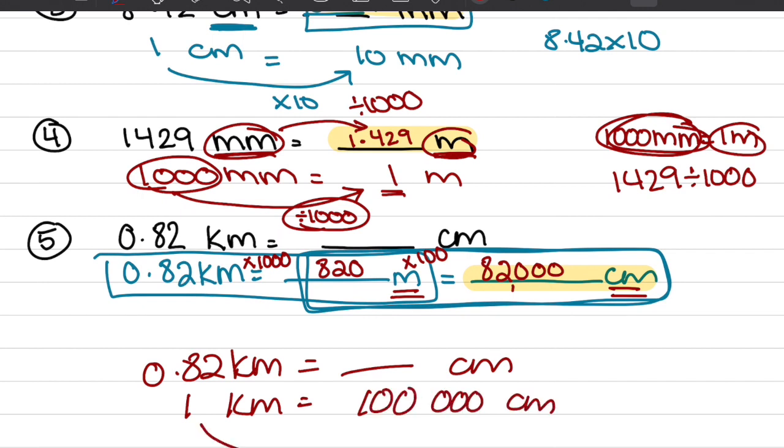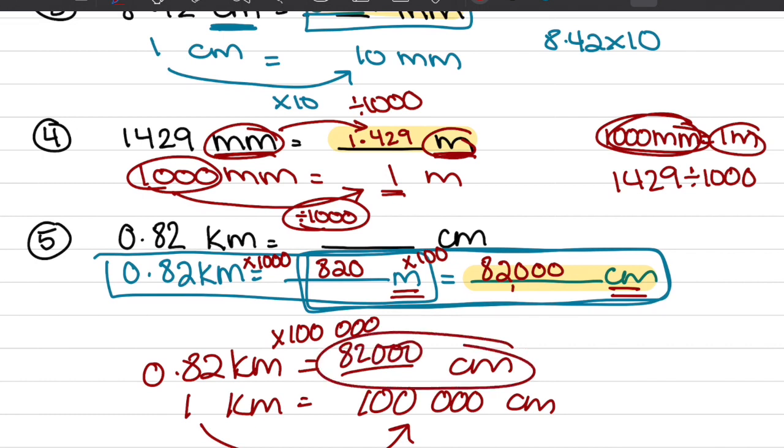So to go from 1 kilometer to 100,000, we multiply by 100,000, right? Let's fix that here. Let's put the 0 here, space, and then 0. So in your calculators, I want you to take 0.82 and multiply it by 100,000. And you should get 1, 2, and then this number right here.